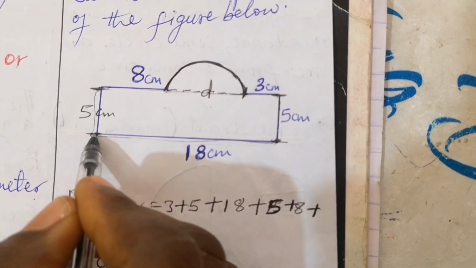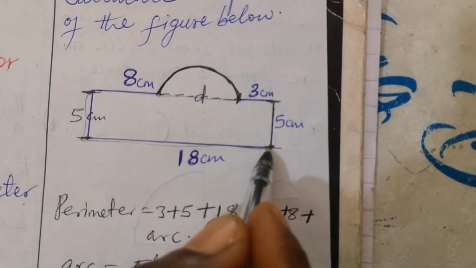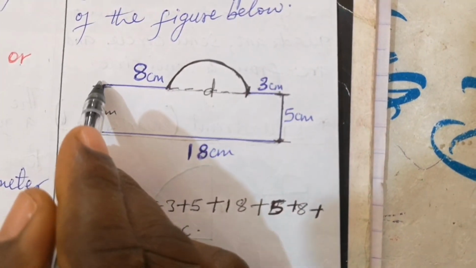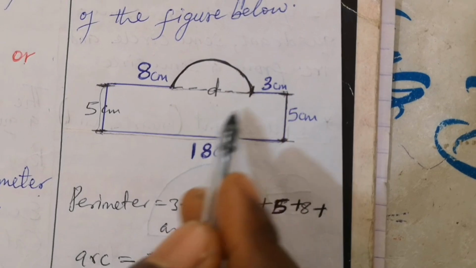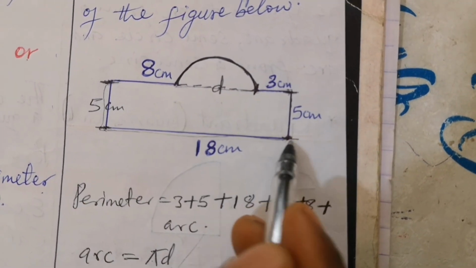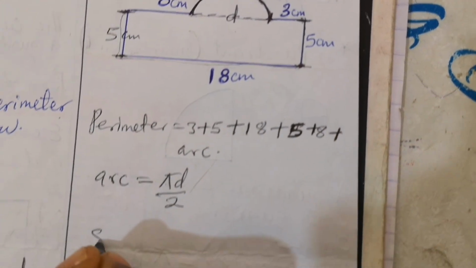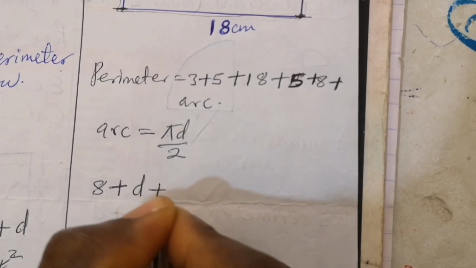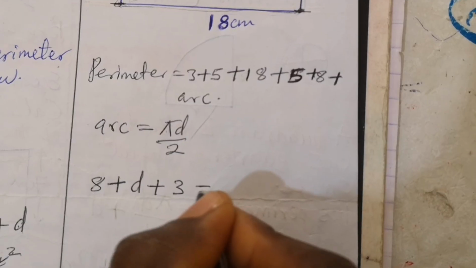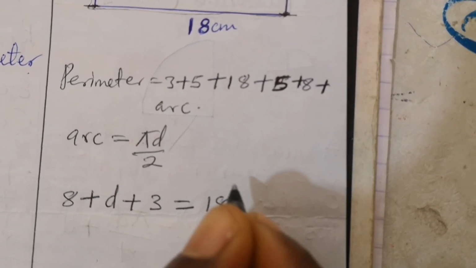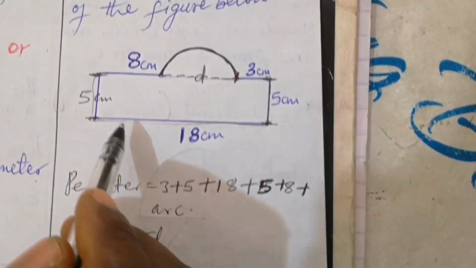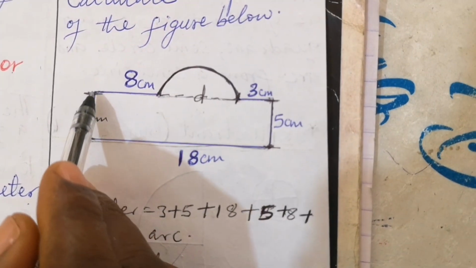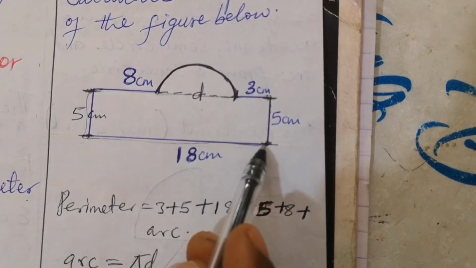Look at it here. In a rectangle, the opposite sides are always equal. So the length from here to here is the same as the length from here to here. That means that 8 plus d plus 3 is equal to 18, because in a rectangle the opposite sides are always equal.